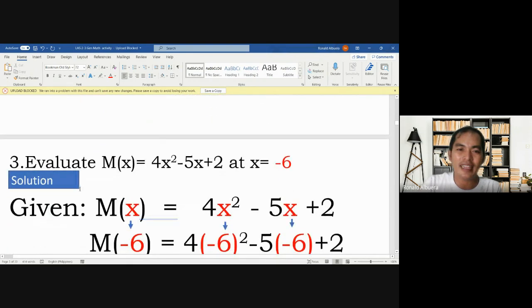Another example. Suppose you are going to evaluate the function m of x equals 4x squared minus 5x plus 2 at x equals negative 6.